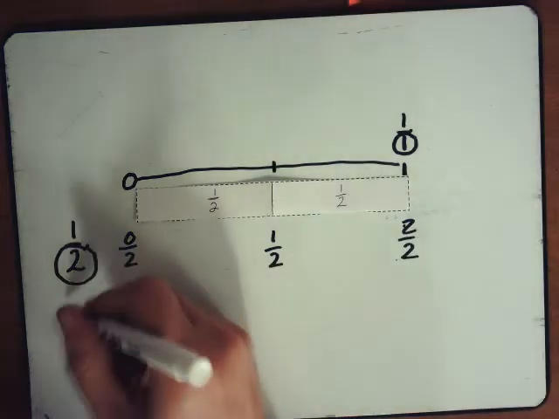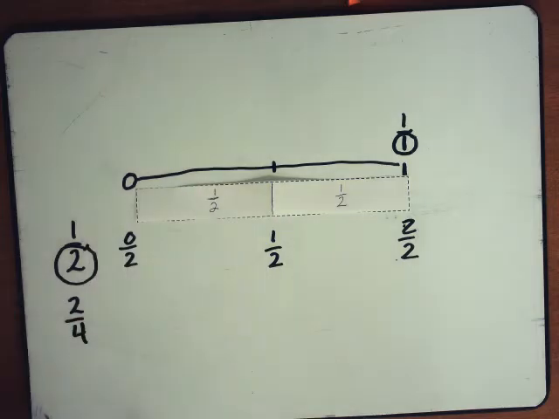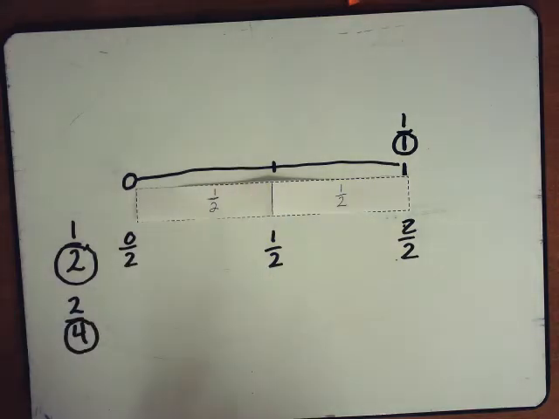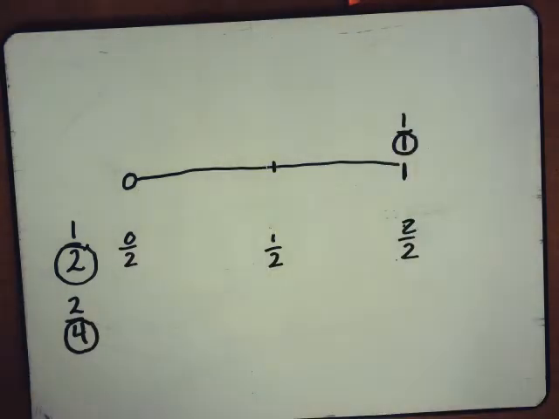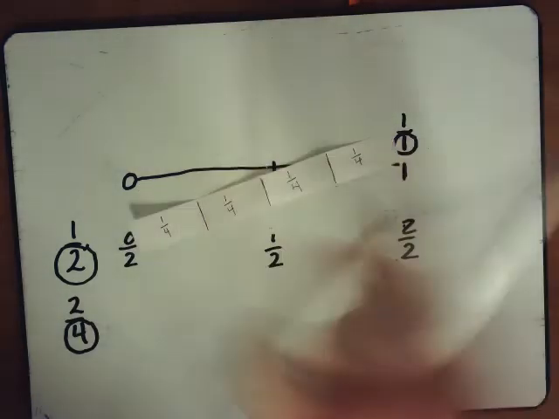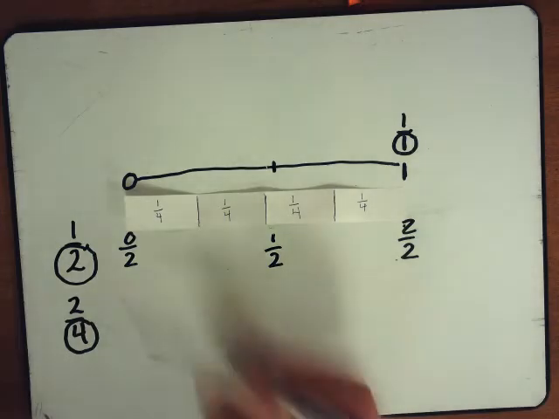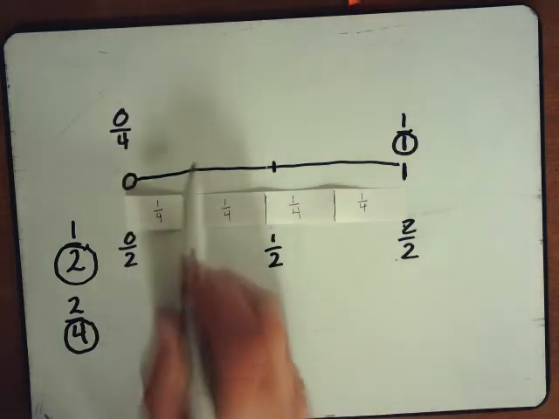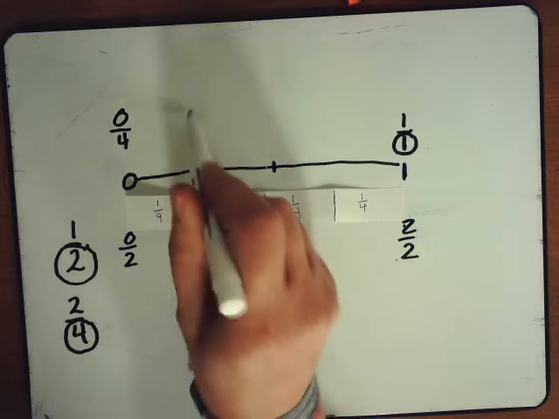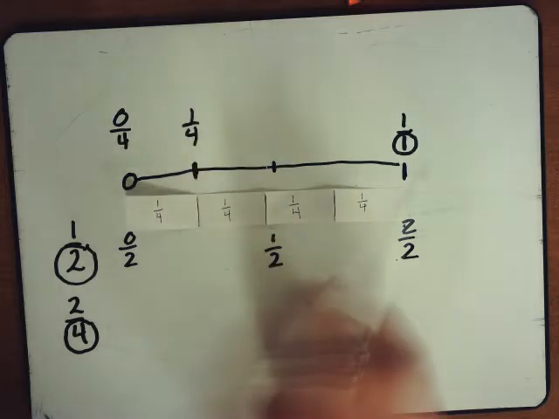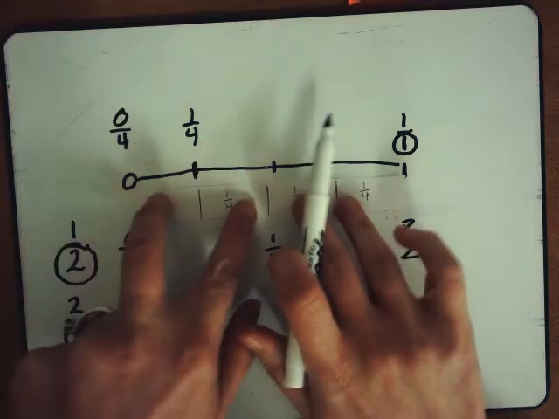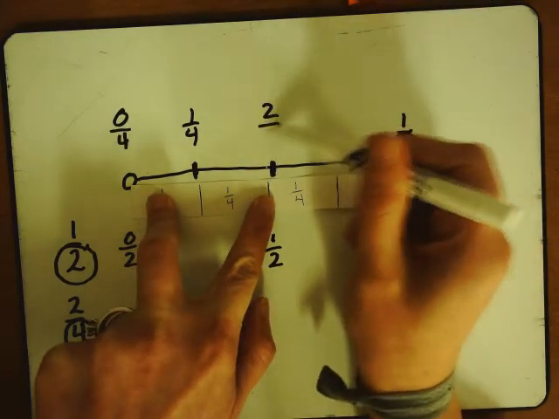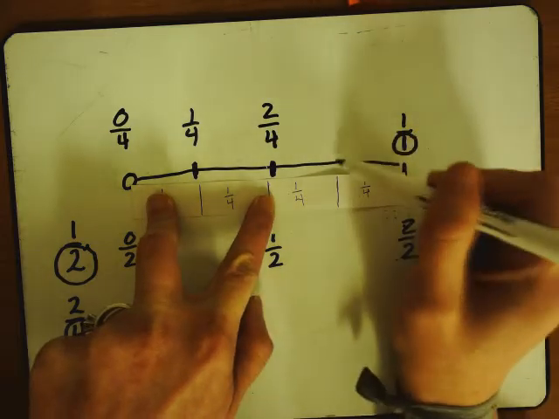If I were to ask where 2/4 on a number line was, I would need to take my whole and break it into 4 pieces. Right? So I've got 0/4. That's where my 1/4 is ended. 2/4 have ended. 3/4 have ended here.